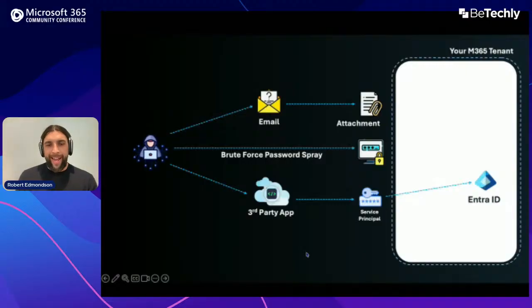Once they are able to create this application, it gives them privileged access to Entra ID. As we all know, Entra is the crown jewels to your cloud. I'm going to walk you through how that attack works in a minute, but it's very interesting and definitely something you want to be conscious of.